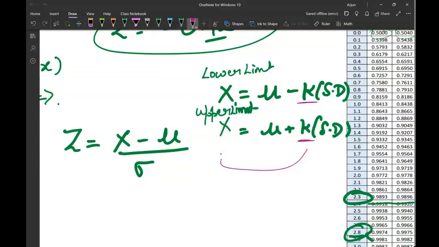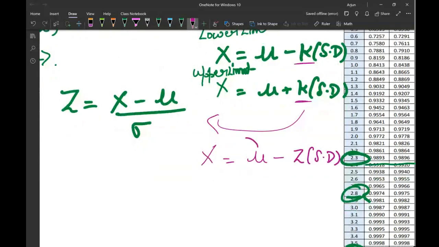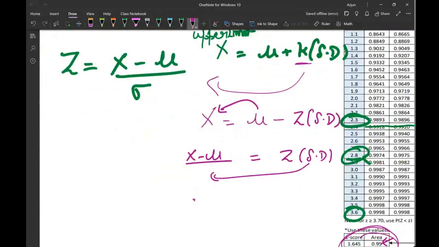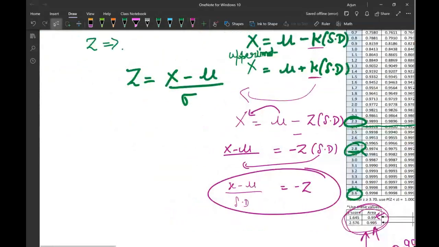So x equal to mean minus z times standard deviation, and then this goes on the other side: x minus mean equal to z times standard deviation, and then you divide by the standard deviation. So x minus mean divided by standard deviation for the lower limit, and for the upper limit it is a positive number. Okay, so that's what you are doing. There's nothing new in this formula.